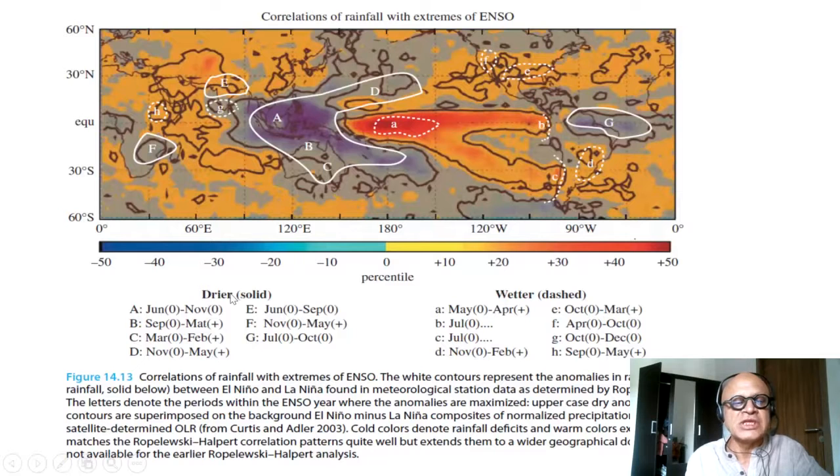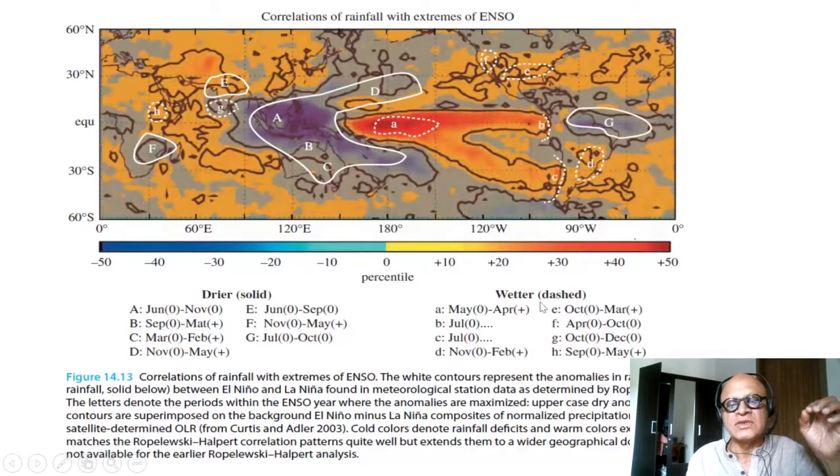But essentially you are looking at colors where the percentile anomalies created by El Nino are being shown for different periods. So June to November of year 0, when the El Nino is happening, June to September, September of year 0 to March of the following year, and so on and so forth.